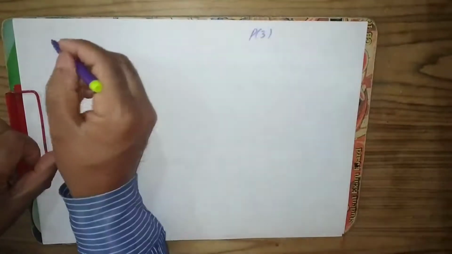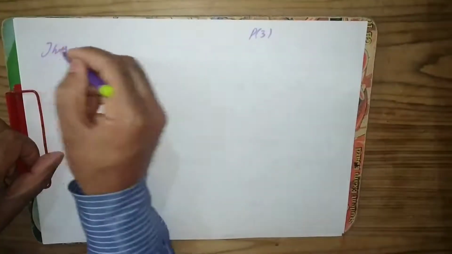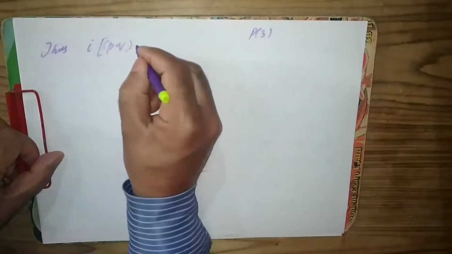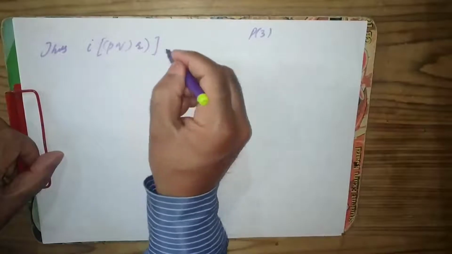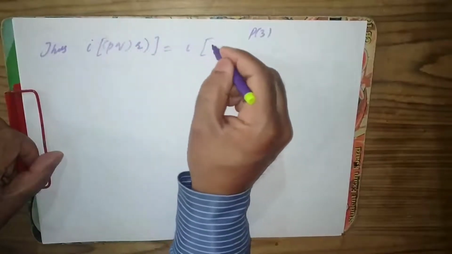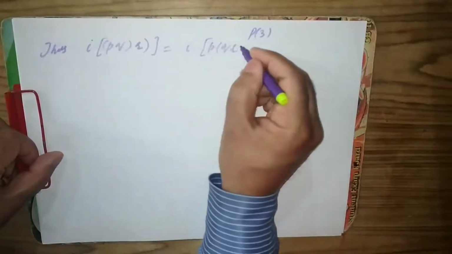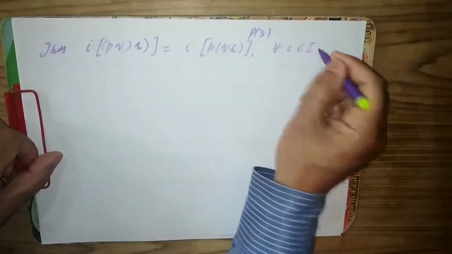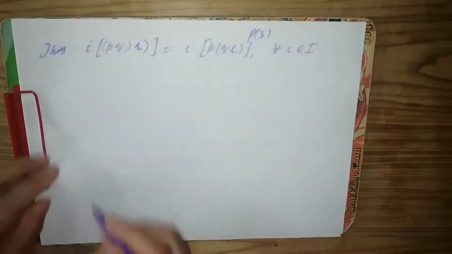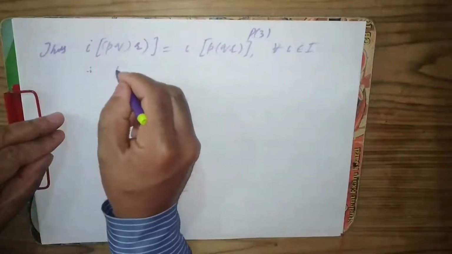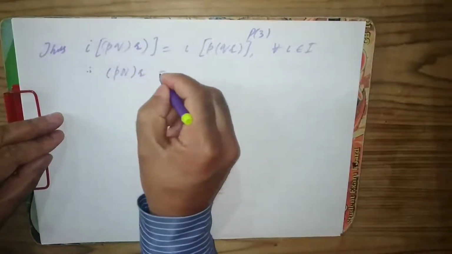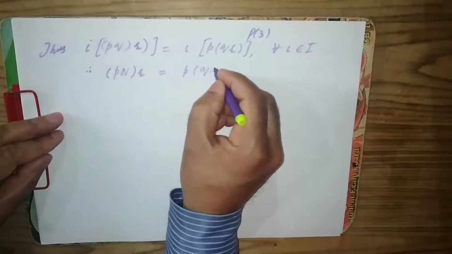Thus (pq)r at i is the same as p(qr) at i for all i in I. Therefore (pq)r is the same as p(qr).